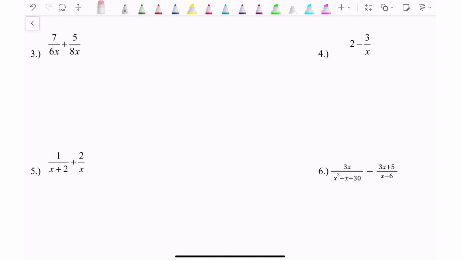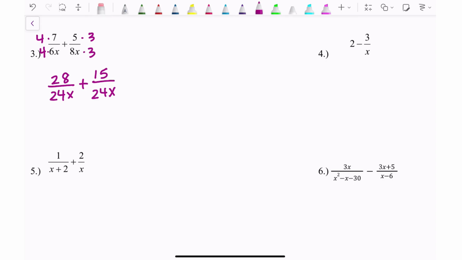So I'm going to make this fraction be over 24x by multiplying by 4, top and bottom, and I'm going to make this fraction be over 24x by multiplying by 3, top and bottom. And so now I have 28 over 24x plus 15 over 24x, and I'm going to add my numerators together.